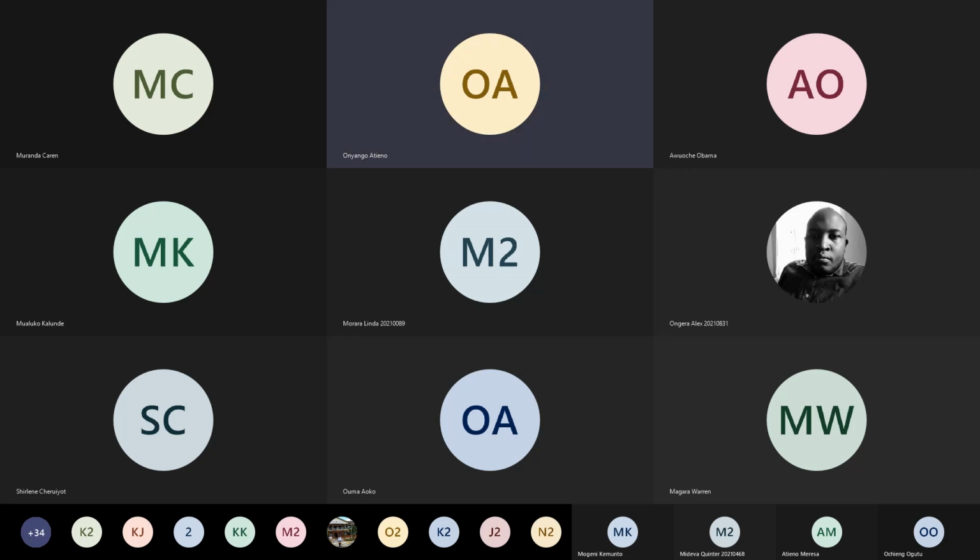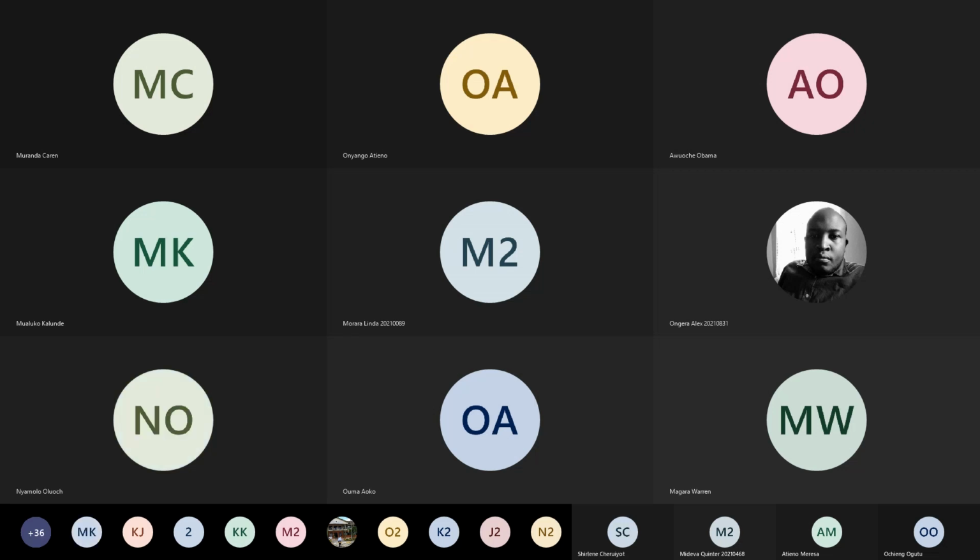You lost Molly. Sorry, guys. Kenya Power decided that they are going to do their thing, and so I have to tether my phone so that we are able to do this once again.